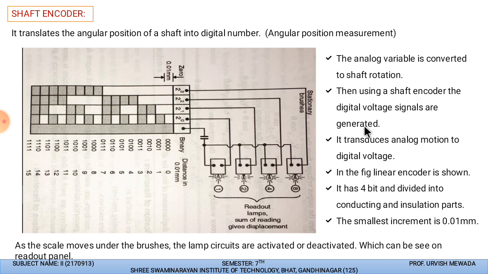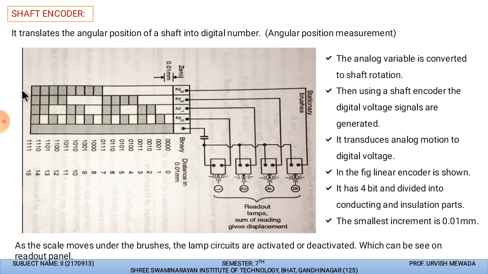In this setup you can see that we have a light, which is a load of this plate. When the points of this plate pass above, the brushes rub on the surface.